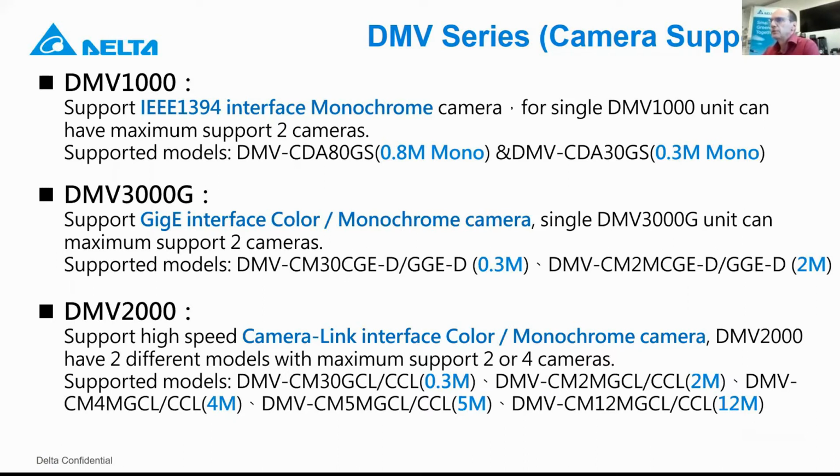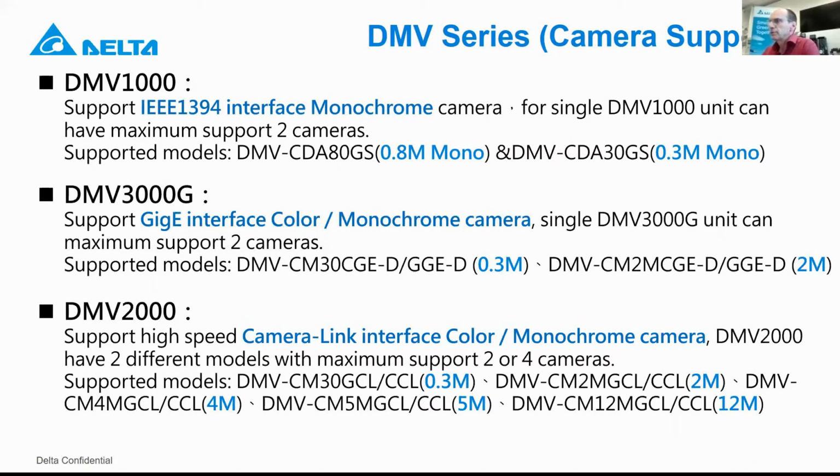Then we have the DNV3000 based on GigE between the camera and the controller. Only possible to connect the 0.3, the 1 and the 2 megapixel camera in color and grayscale. And at last, of course, the DNV2000 based on Camera Link with the 5 possibilities for connecting the cameras, 0.3, 2, 4, 5 and 12 megapixel.